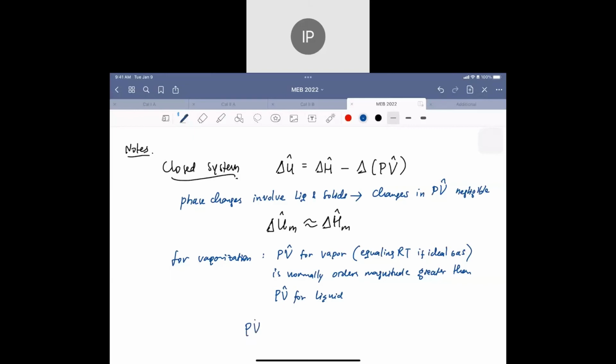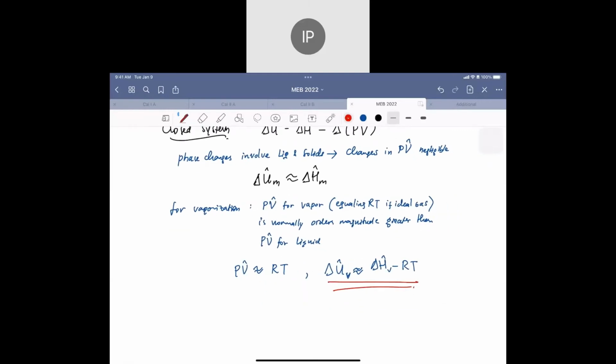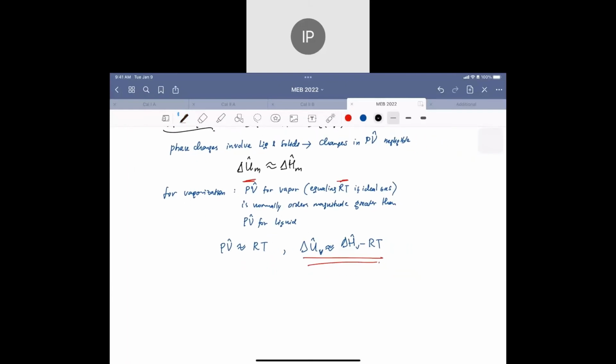So PV is RT, and the internal energy for vaporization is generally approximated with the enthalpy minus the RT. Okay, so we could say that our PV can be substituted with the RT for the vaporization. But for melting, we could just say that it's approximately the same.